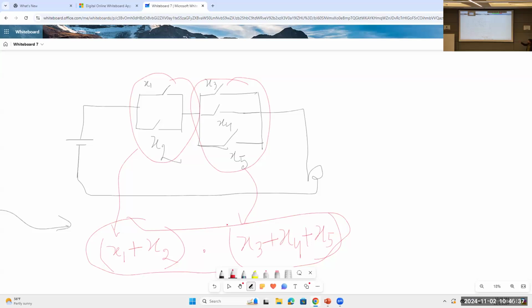There are 5 switches here, right? But if you want to add 1,000 numbers, then you need 1,000 switches. This is small, but in real life you will have billions of switches to do complex operations.